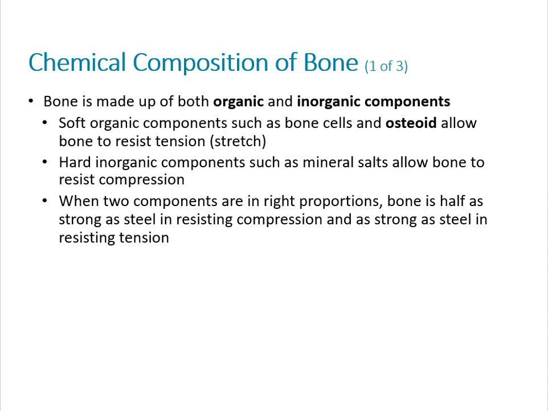So we need both components in the right proportions in order to make healthy bone matrix. Bone is about half as strong as steel in resisting compression and as strong as steel in resisting tension. So this matrix we're building with both the organic and inorganic components is very strong.